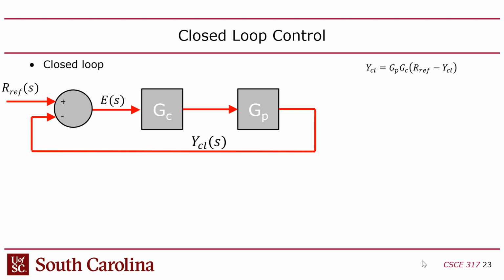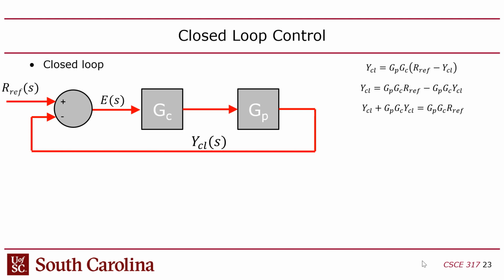Okay, so at that point, your goal is to just use algebra to rewrite this as YCL over ref. That's really all you have to do here. So I distributed this out, and then I got ref isolated over here on the right-hand side.